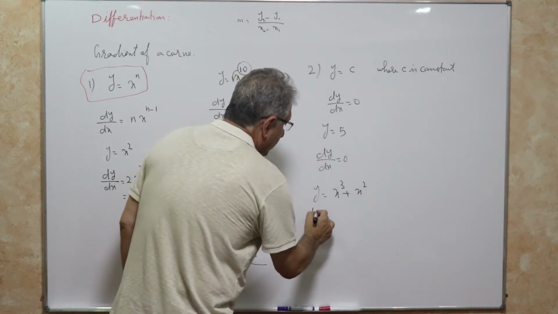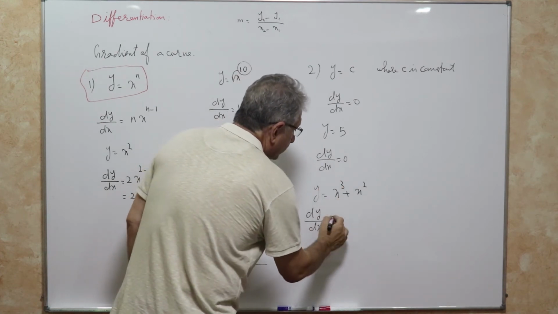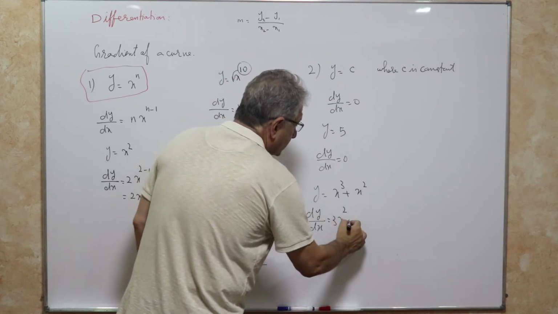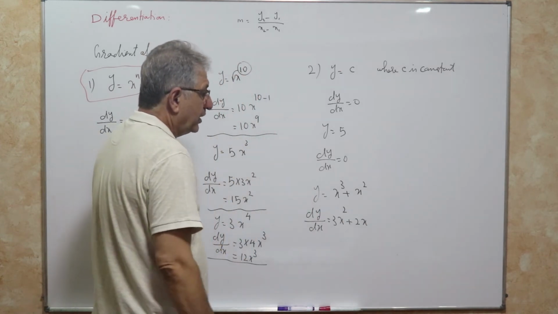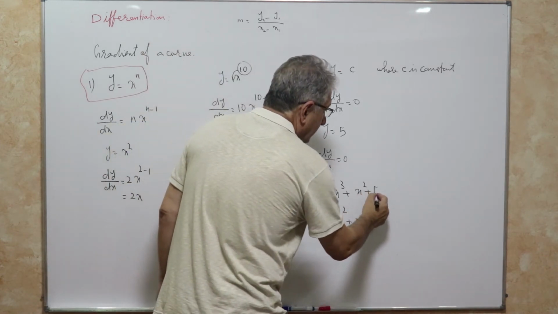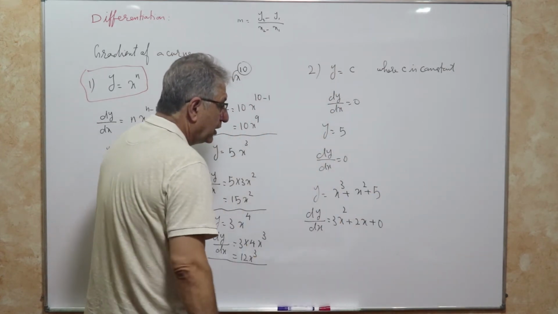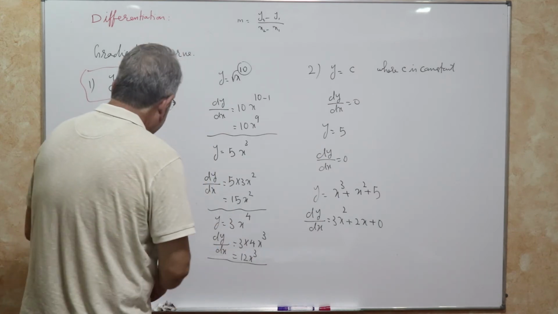Then dy by dx is, just do it one by one, 3x squared plus 2x. If there was a 5 here, plus 0, which you don't need to write actually. Therefore, this is the derivative of this function.